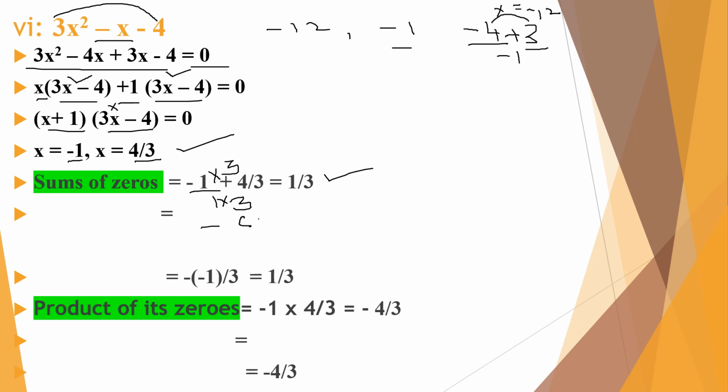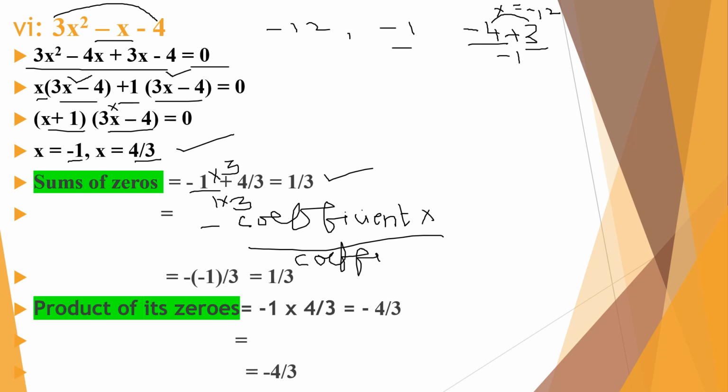Minus coefficient of x divided by coefficient of x square. What is the coefficient of x square? Where we are going to substitute and check, we are going to substitute in the equation and check it.